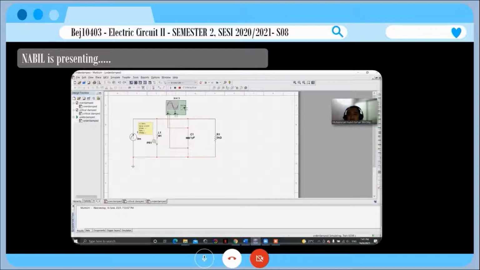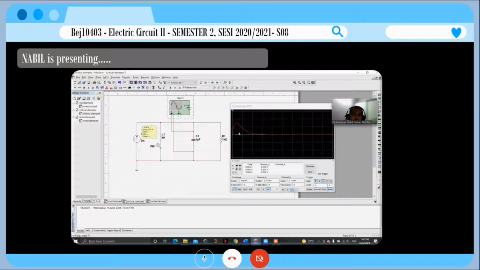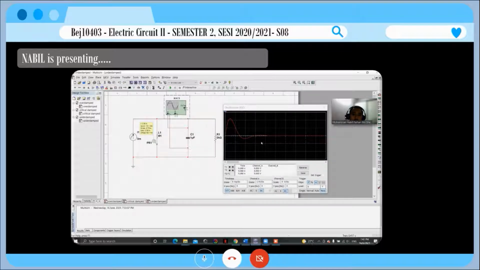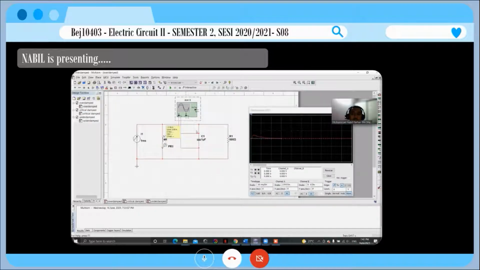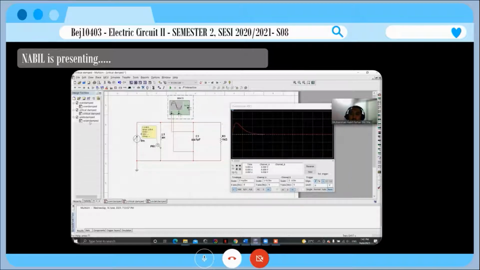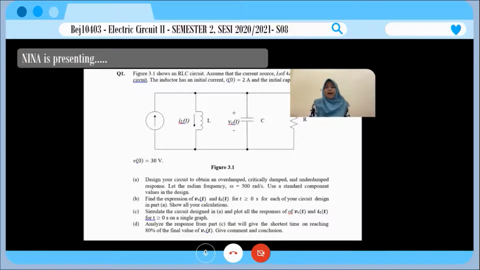We run, stop, and we get this graph. We can see the underdamped graph is a little bit lower. This is for overdamped, this is for critically damped, and this is for underdamped, as you can see.